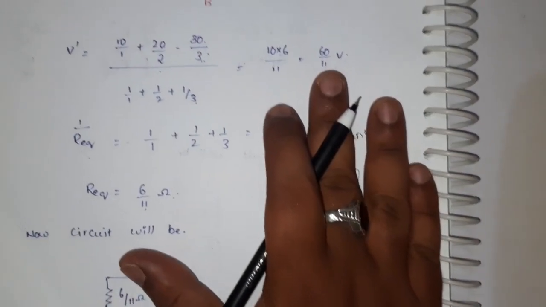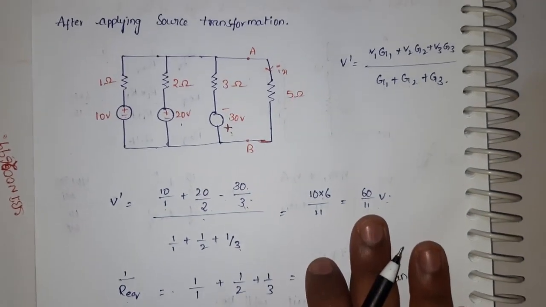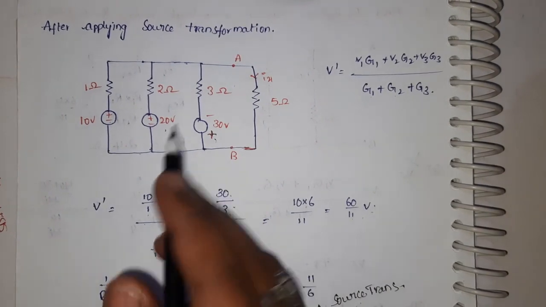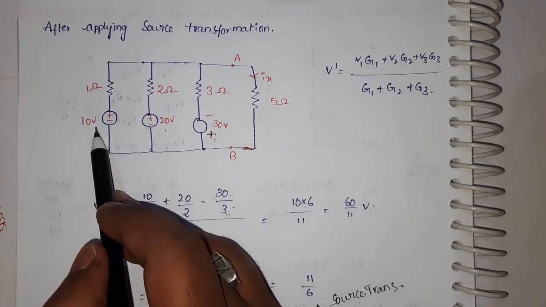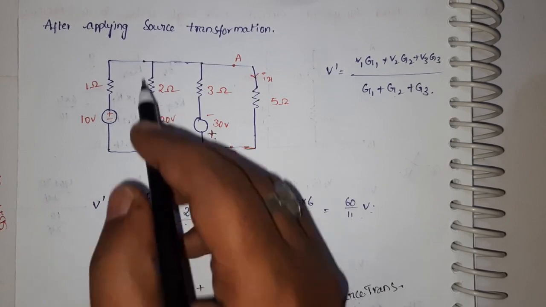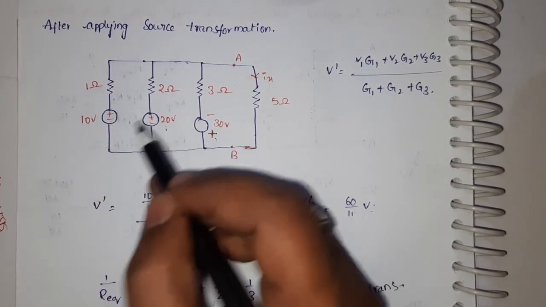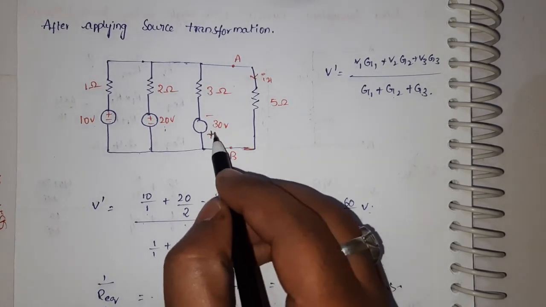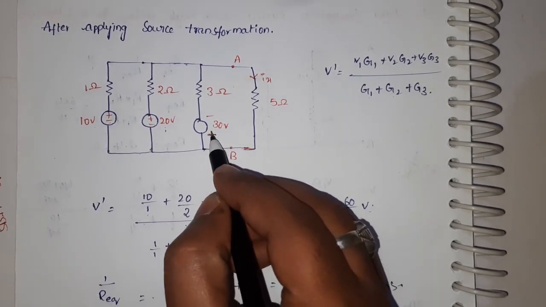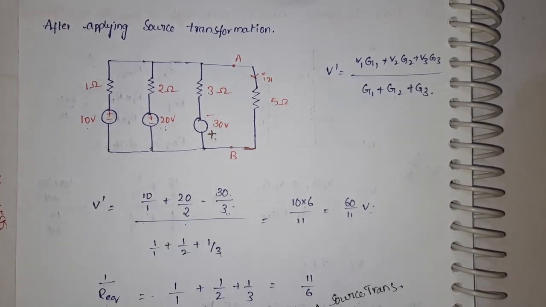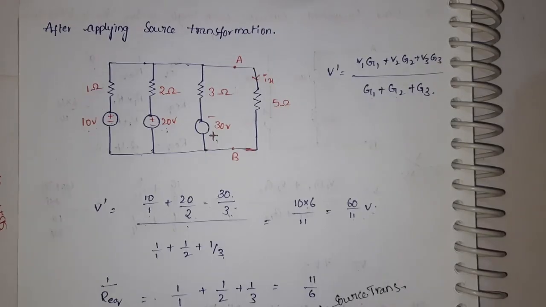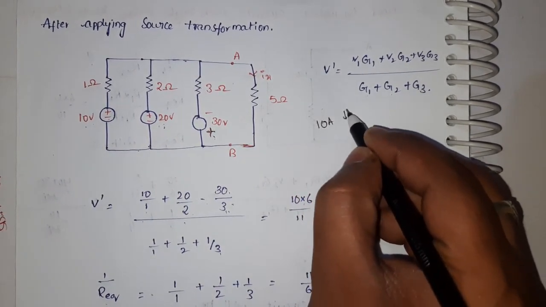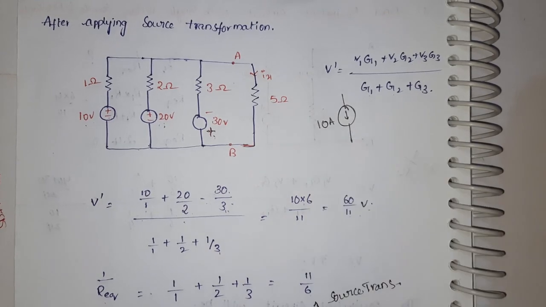So after applying source transformation, that circuit can be written as 10 volt, 20 volt. These two are upward in this polarity, and the polarity of this voltage source will be in the opposite direction to this 10 and 20 volt, because this 10 ampere current source is in the downward direction in the given problem.